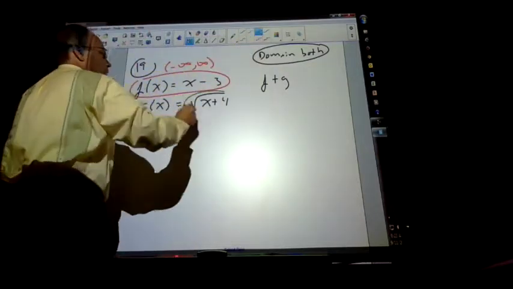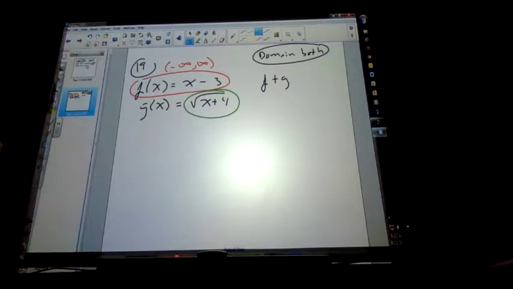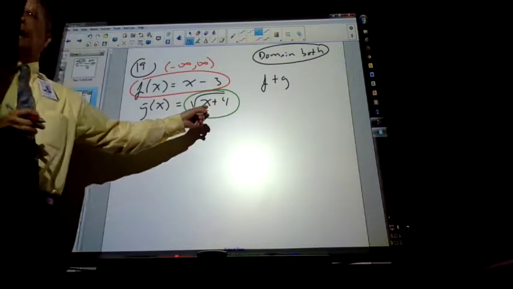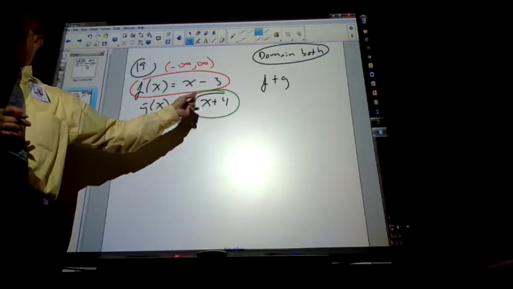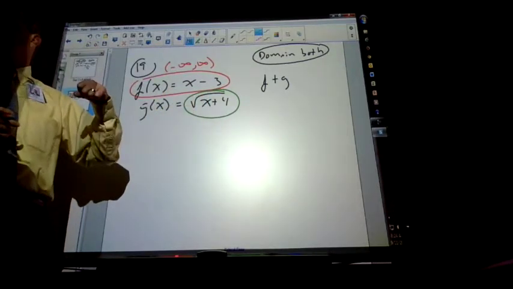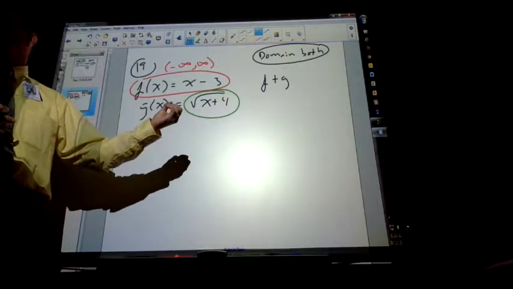What about the second one? What about negative 4? Is it only negative 4 or are there more numbers than that? Anything but negative 4? Or lower? Let's think about this. If I plug negative 4 in, I get negative 4 plus 4, which is 0. What's the square root of 0? 0.